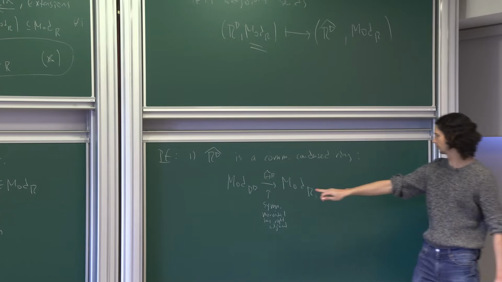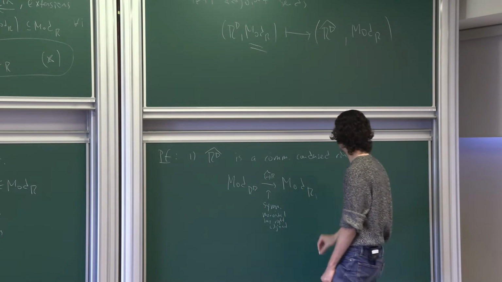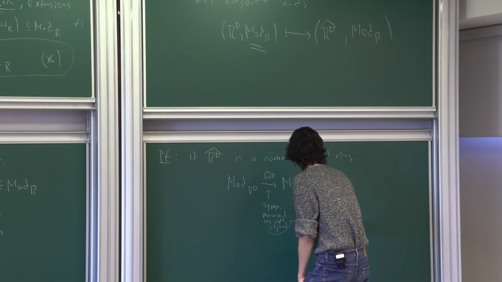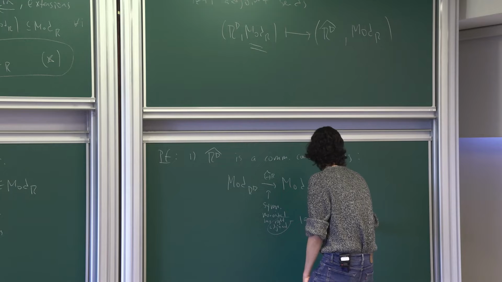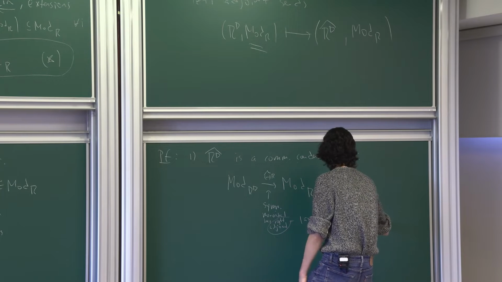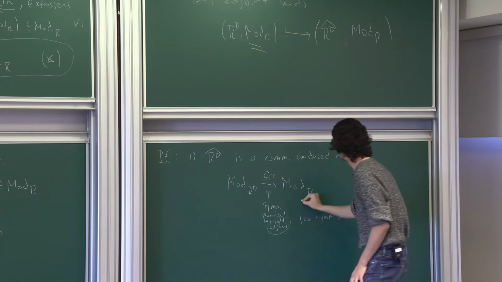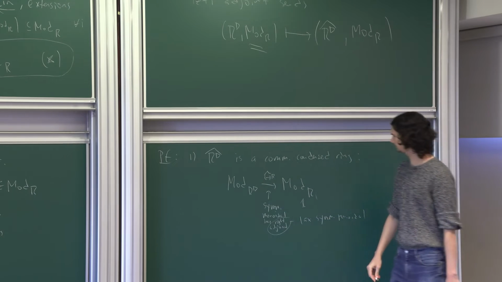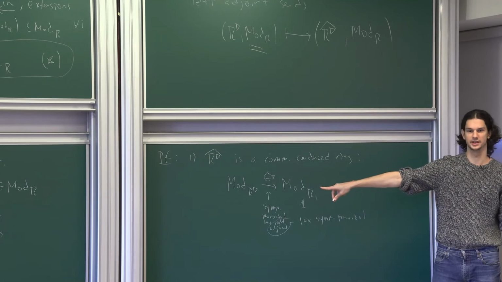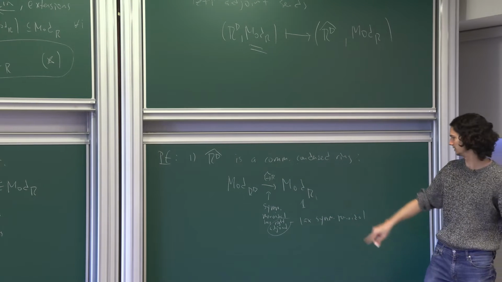But when you have a symmetric monoidal functor with a right adjoint, then the right adjoint is automatically lax symmetric monoidal. In particular, if you take the unit object here and apply the right adjoint, it gets a commutative algebra structure.